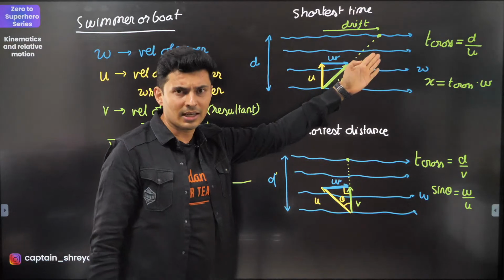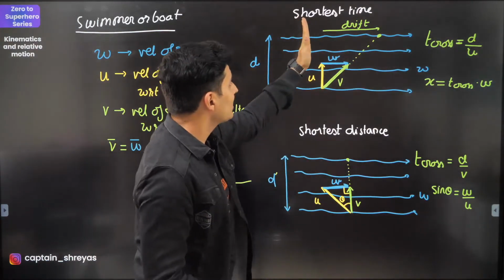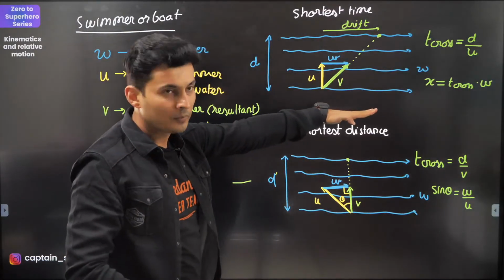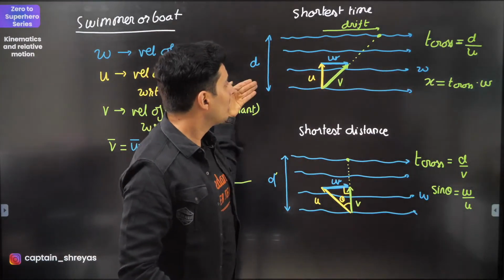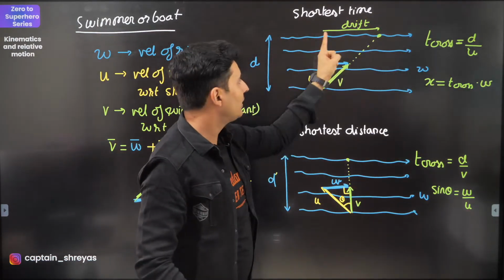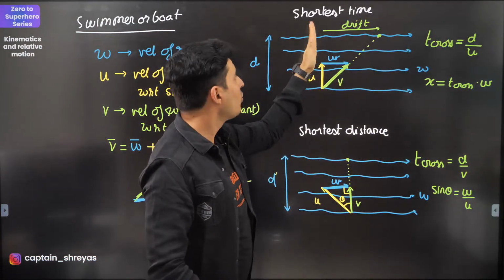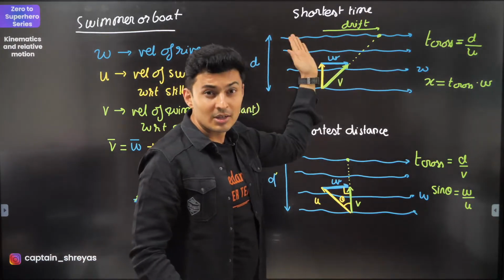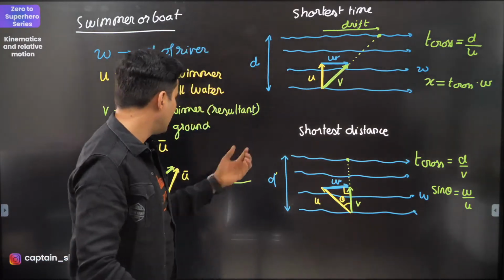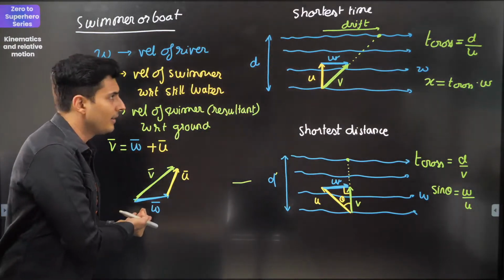Whenever it is shortest time, you are going to try and swim in the perpendicular direction of the flow of the water. You will try to swim here, but because the river is flowing, you will end up reaching here. That phenomenon is called drift, because you want to reach here, but you end up reaching here. So you have drifted away, and this will be your final velocity, again using standard vector addition.